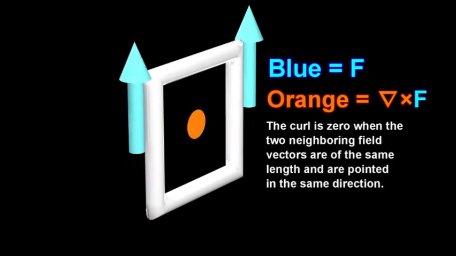The curl is zero when the two neighboring field vectors are of the same length and are pointed in the same direction.